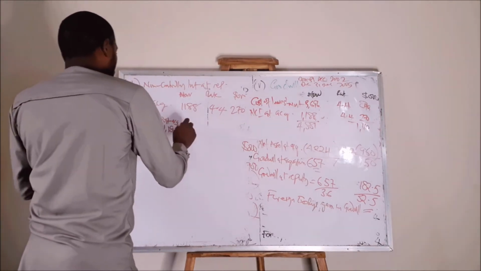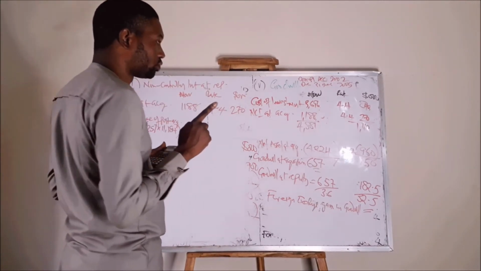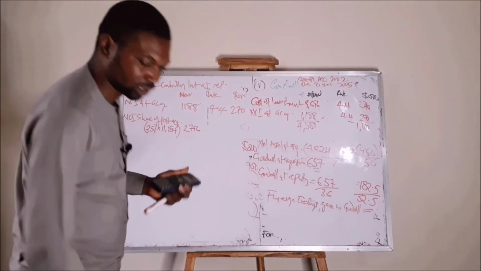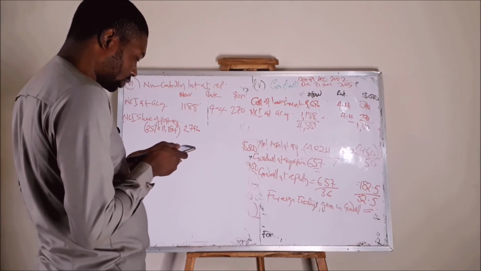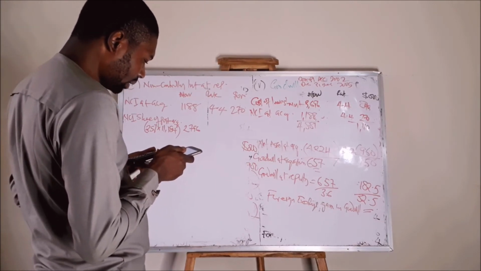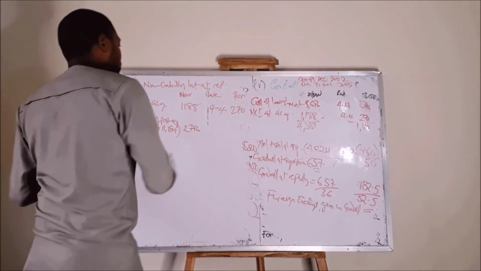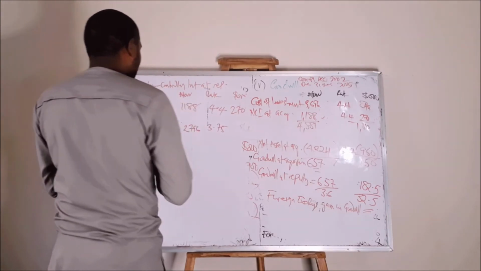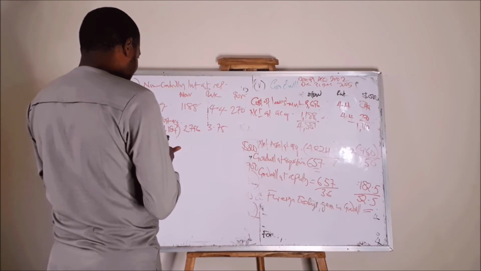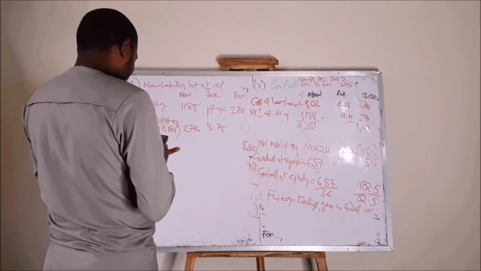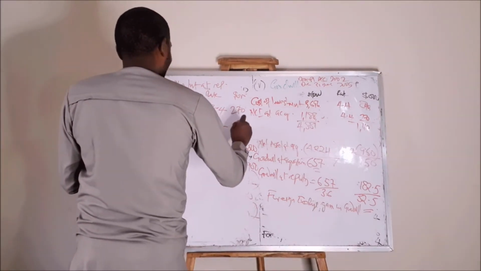25% of 11,184 gives us 2796. Well, this is in naira. That one, use average rate to translate it. What's our average rate? Our average rate is 3.75. So we divide now. 2796 divided by 3.75, so you get 745.6.